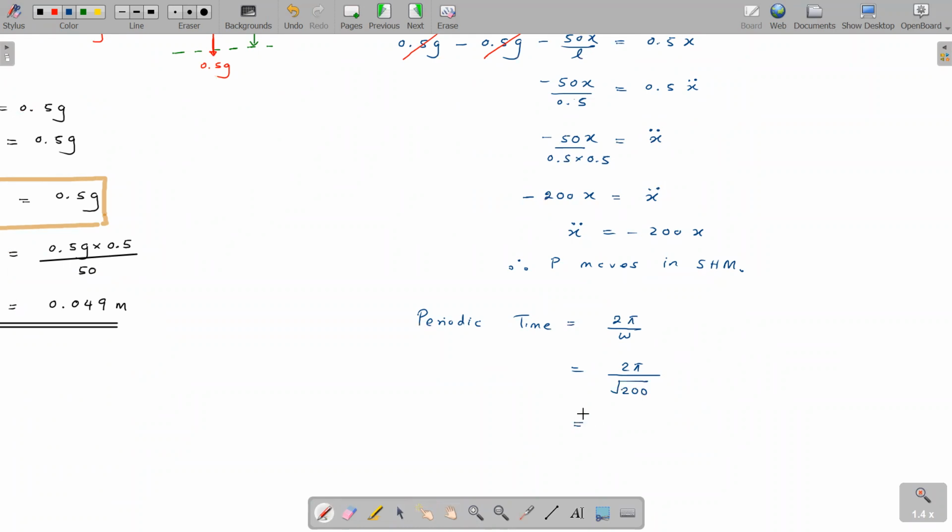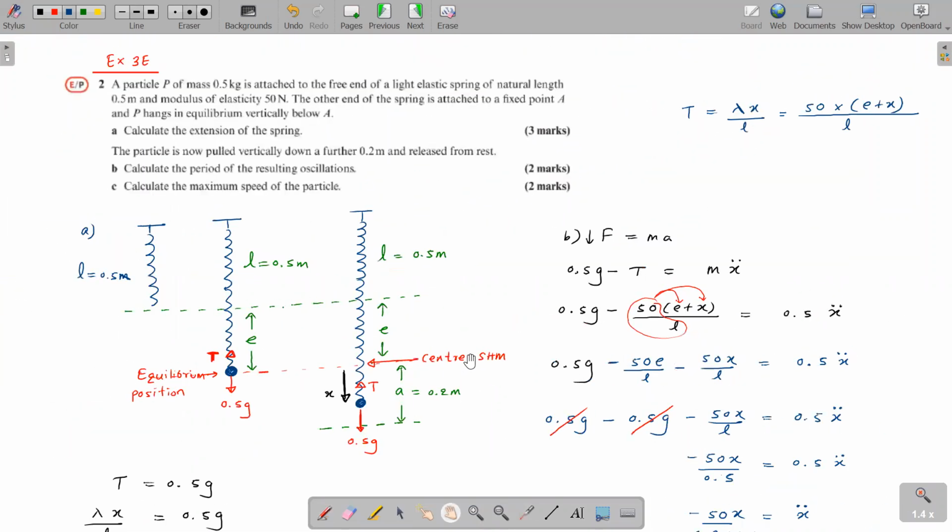You type 2 over root 200 and you get root 2 over 10, and then you add the pi on your own. If you type the pi in the calculator, you will get a decimal answer. In this way you can get an exact answer. So this is the periodic time for the simple harmonic motion. And then they say calculate the period of the resulting oscillation. That's done.